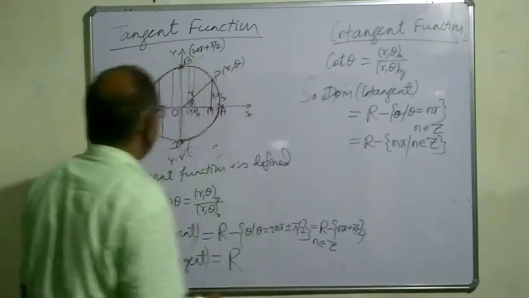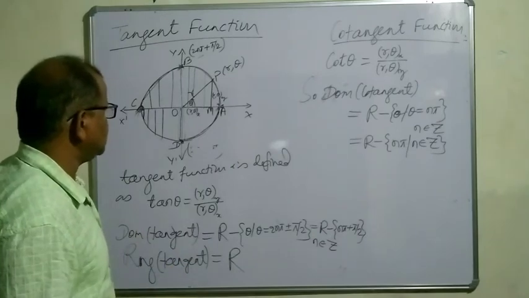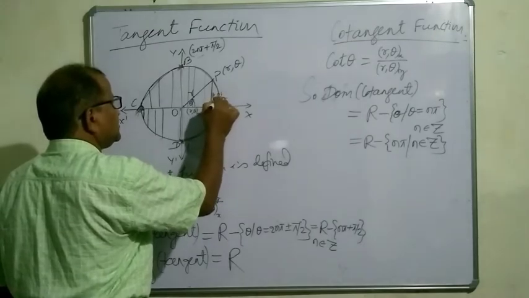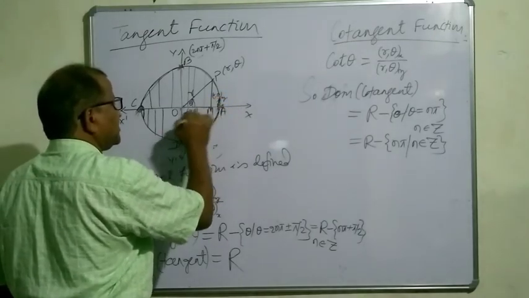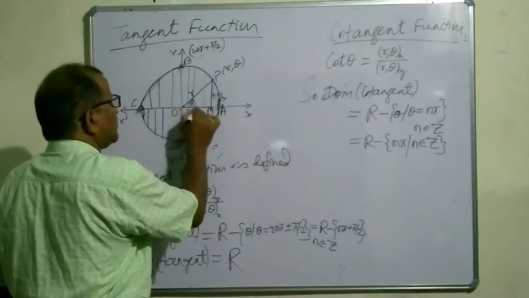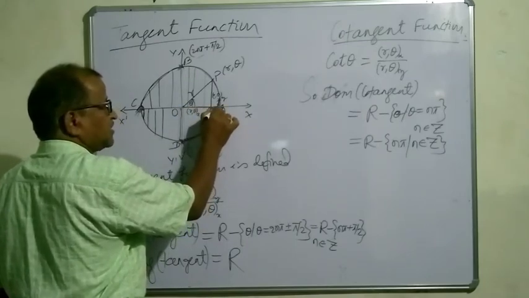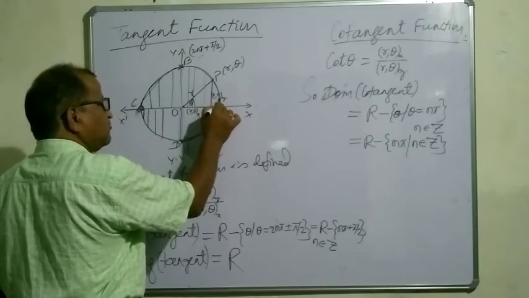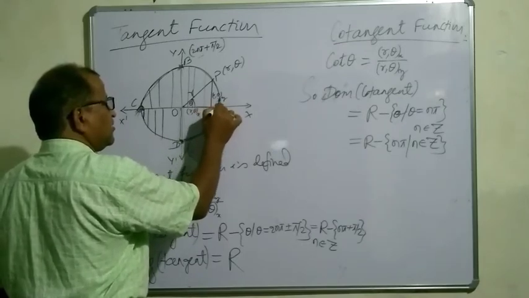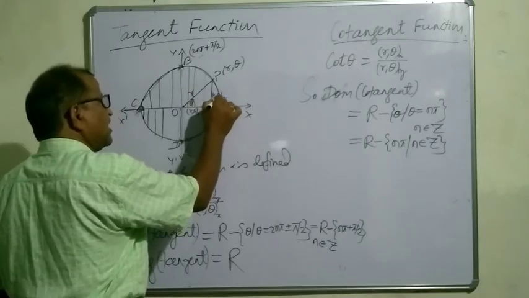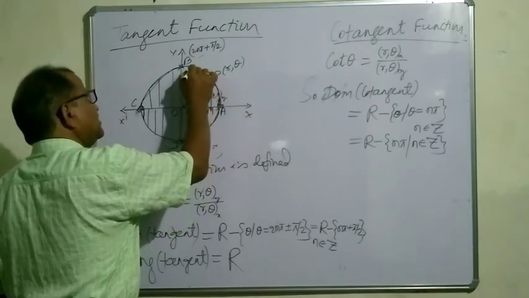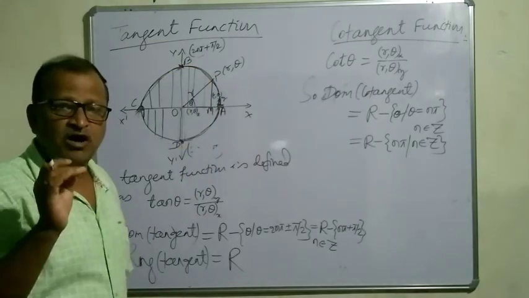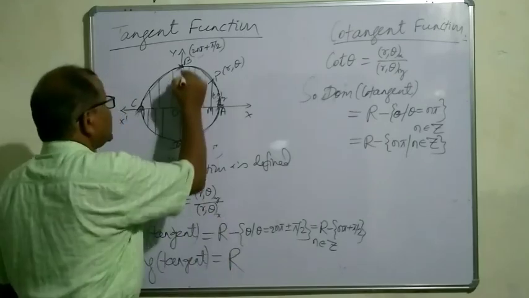Let us discuss the range of this cotangent function. Here it is not defined, but at this point, you see r theta y is very small in comparison to r theta x. R theta y is very small, that means the ratio is infinity. When it is near the first quadrant start, it is infinity, and gradually it will decrease, and at this point r theta y is equal to r, where r theta x is 0.